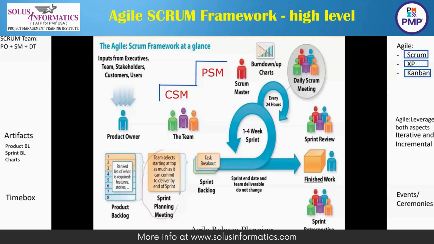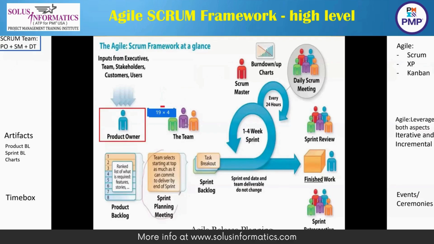Scrum is the most popular Agile framework, and in Agile Scrum, let's understand a few terms here. You have a term called the Scrum team. When you say the Scrum team, it includes the product owner, the development team, and the Scrum Master.